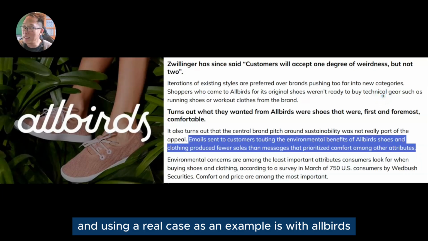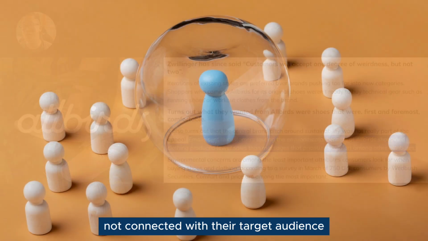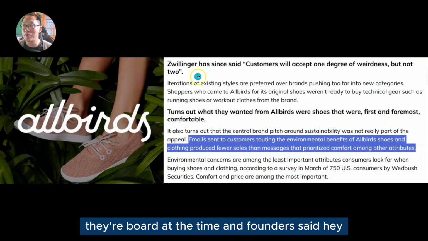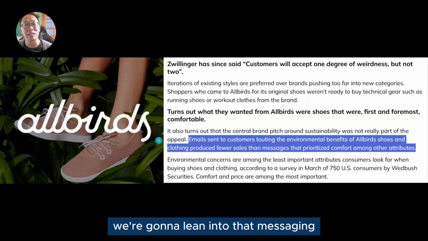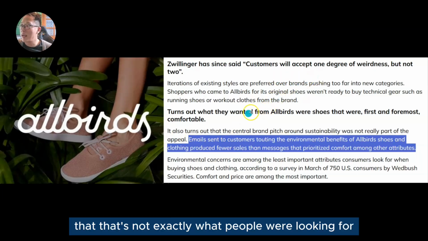And using a real case as an example is Allbirds, who for quite a while was seen as having not connected with their target audience. So even though they were made with more environmentally friendly materials, their board at the time and founders said, hey, we're going to lean into that messaging because we're assuming that's what people want. That's our vision. That's what the shoe is supposed to be. But they found the hard way that it turns out that's not exactly what people were looking for.